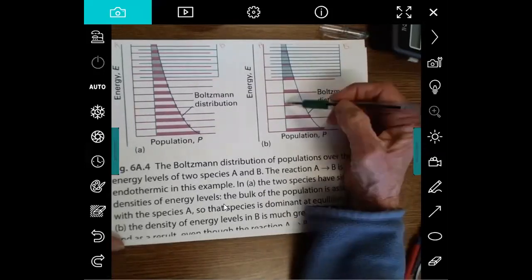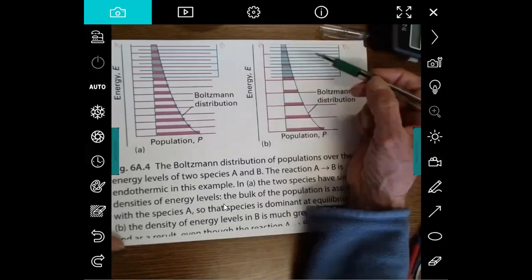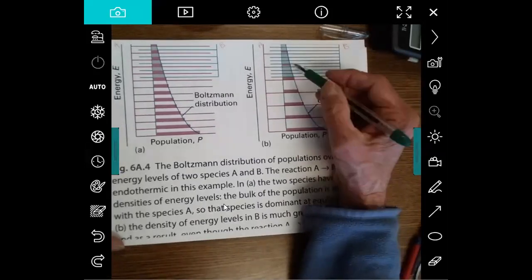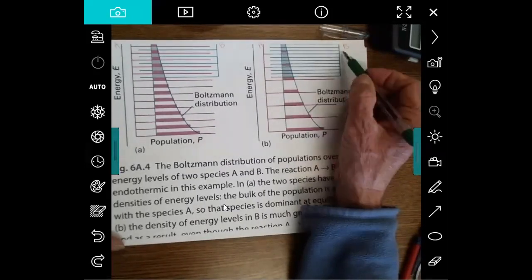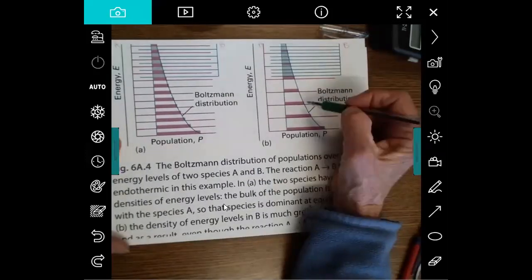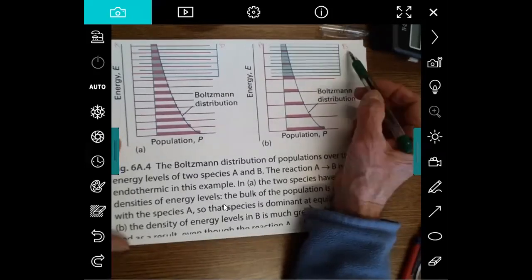Even though B's energy is much higher, because these states are so close together, you get more population of states for B. And population of states is really a measure of entropy. So that's saying that entropy is driving this equilibrium to be closer to B than to A.